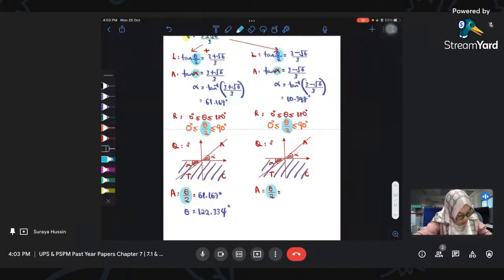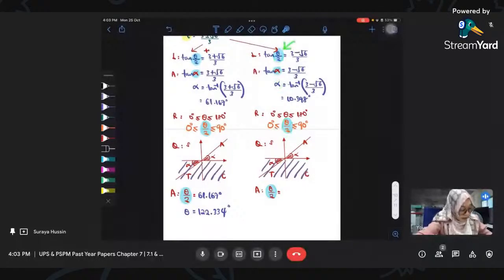So you gotta remember that range kamu berubah. Your answer juga berubah. Your answer must start from your alpha. Answer kamu mesti start with whatever alpha that you tukar dekat sini.